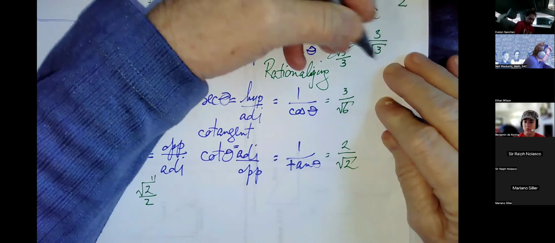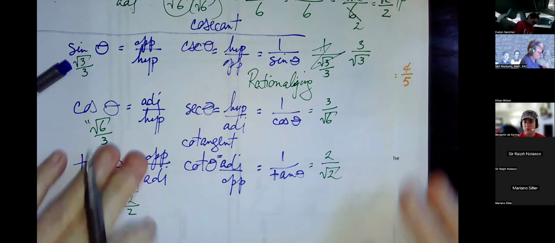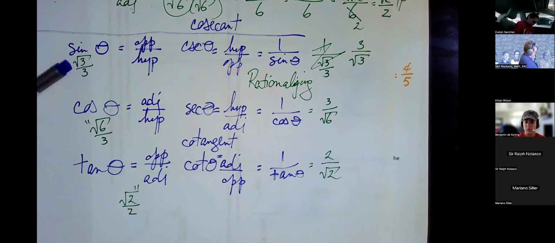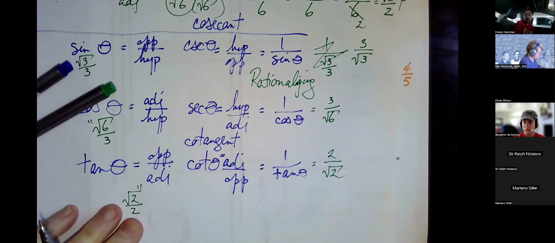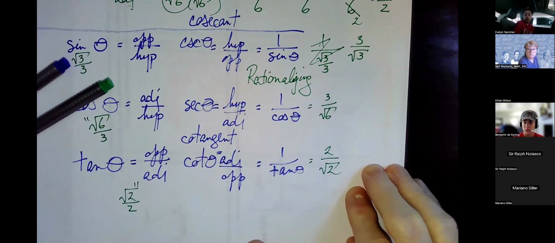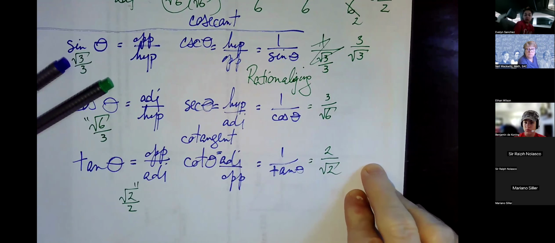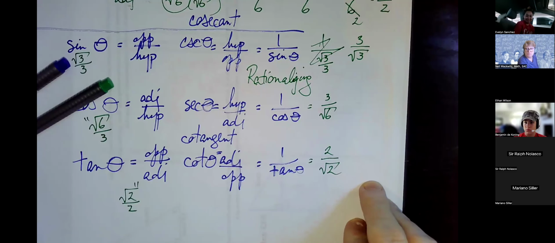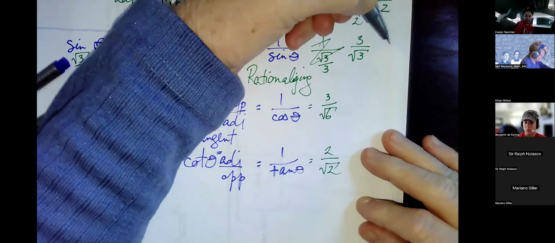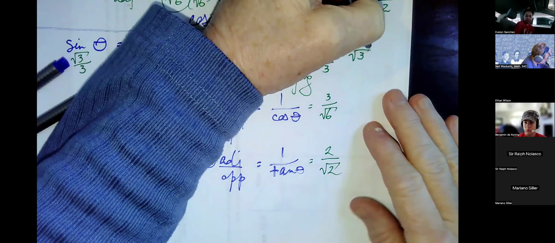Okay, how can we rationalize 3 over the square root of 3? Evelyn? You take the square of the denominator. Yes.